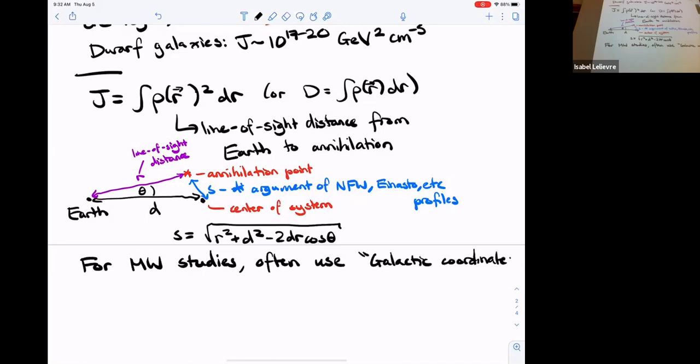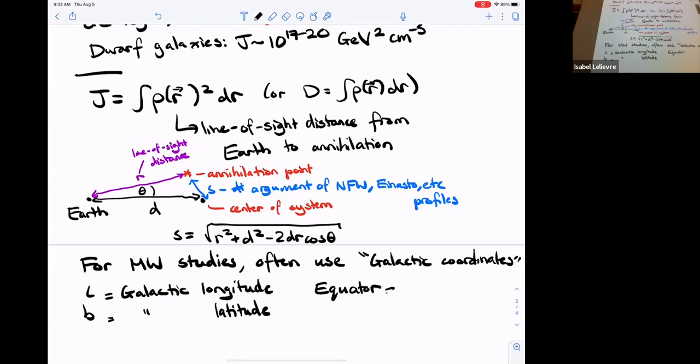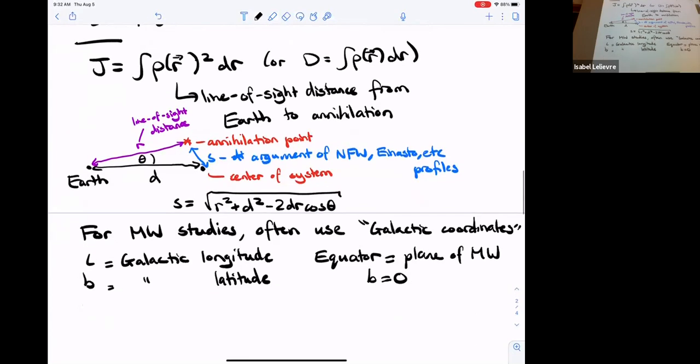The galactic coordinates L and B, which are galactic longitude and latitude. In this coordinate system, the equator is defined as the plane of the Milky Way. That's at latitude 0. And we define the galactic center at L equals 0.